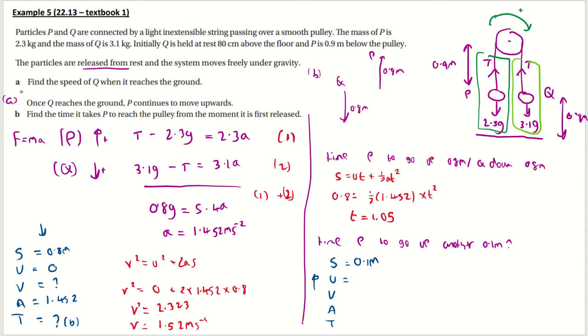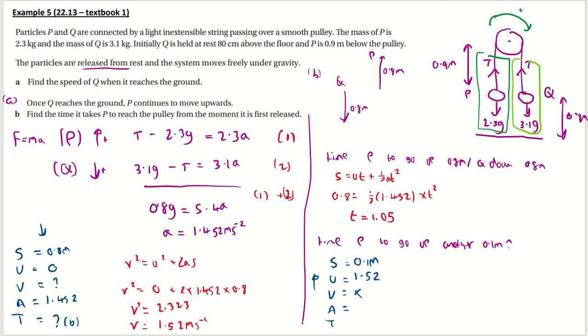We know at the end of the first 0.8 meters it was going this speed, 1.52. V, I think we're not going to be interested. It's not like it stops at the top, it's just if it can hit the pulley. The acceleration, that's when you have to think a little bit.